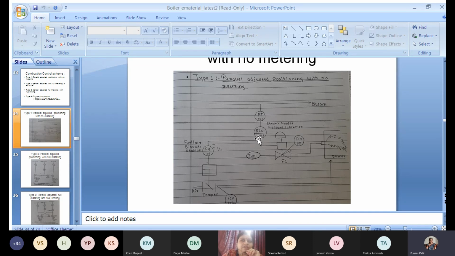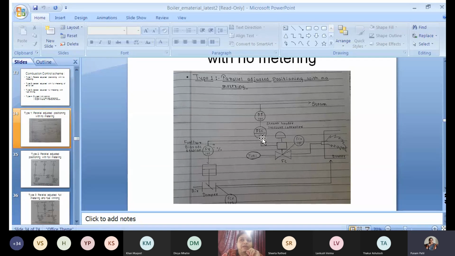The controller will generate a signal, and this signal is split and given to the two control valves which are acting in parallel. This controller signal is adjusting the position of the valves of fuel and air in such a way that the fuel to air ratio is maintained.